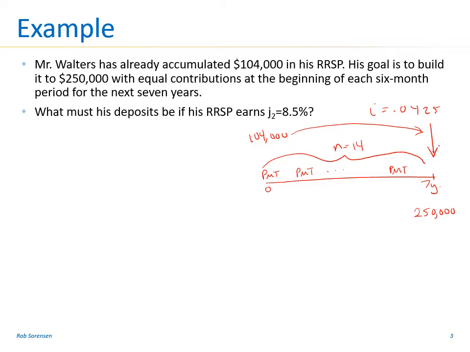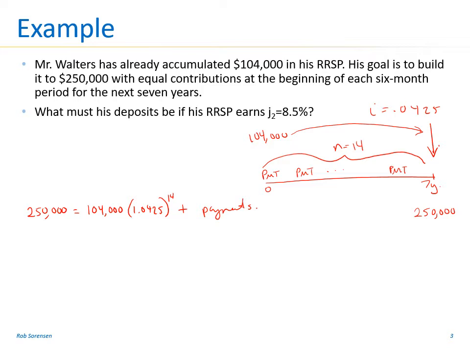So really, my $250,000 goal is going to be taken care of by the 104 that he's already got, carried forward, plus all of those payments. Does that make sense? So the payments really have to add up to the 250,000 minus the 104 with interest.